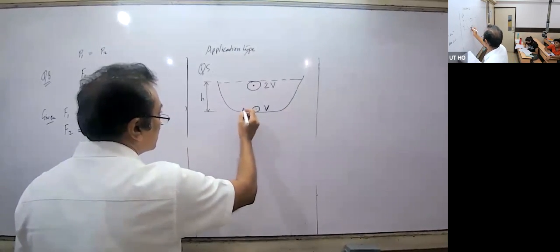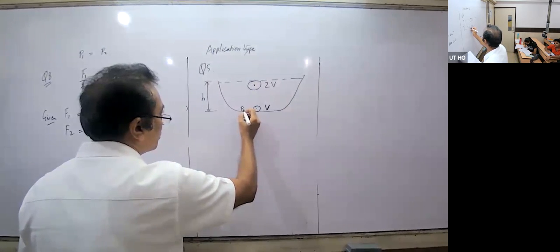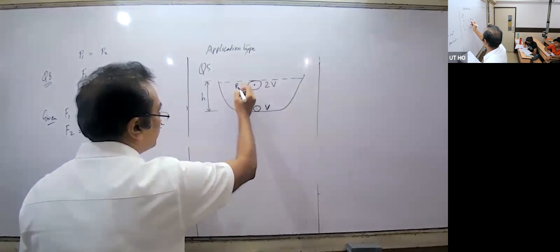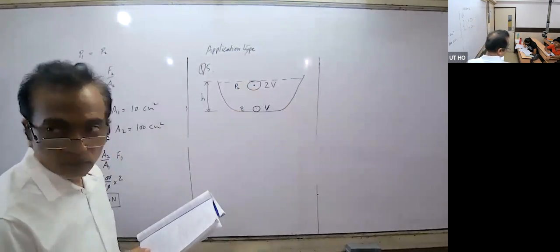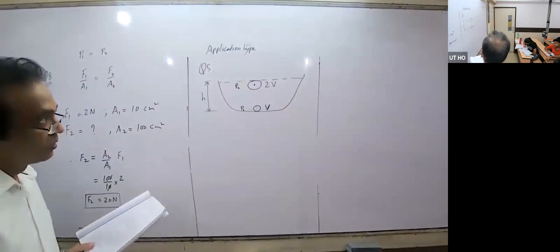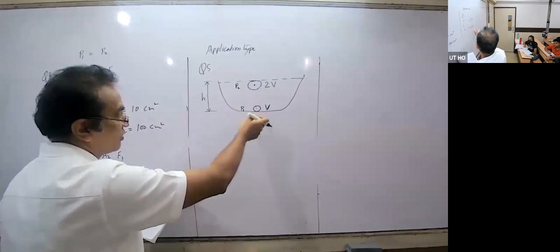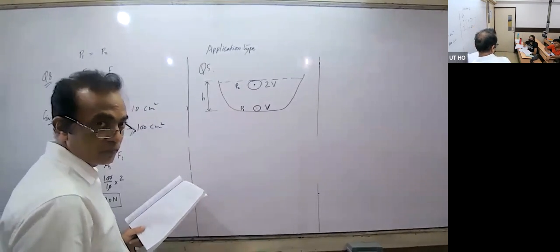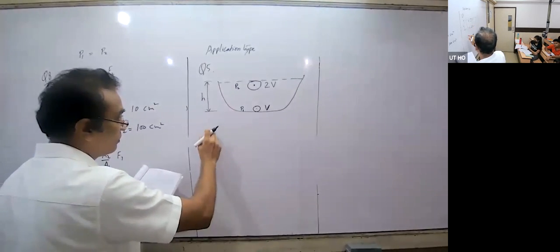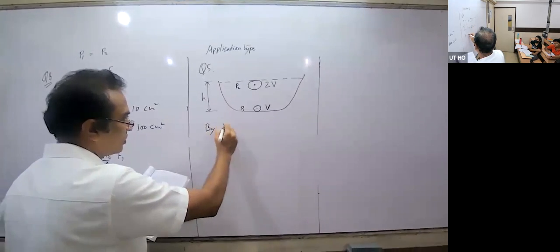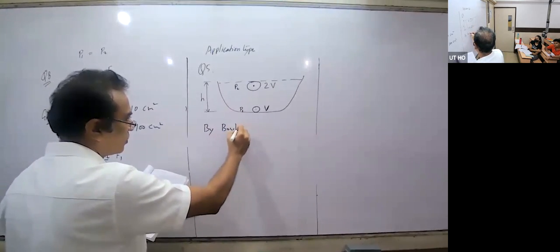Let's say the pressure over here is P1, and the pressure over here is P2. Now, what is the relation between pressure and volume? You have knowledge of the gas law, Boyle's law.